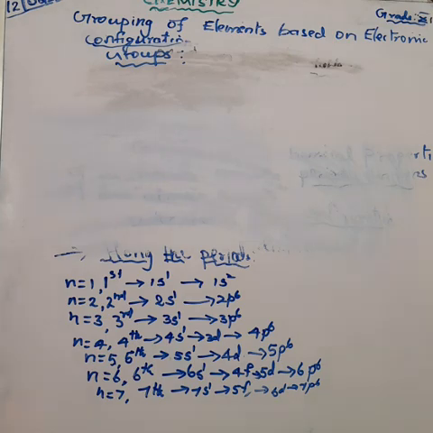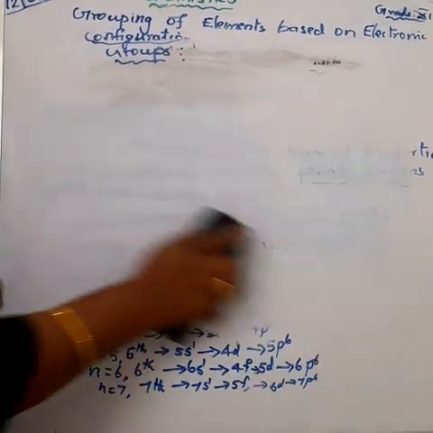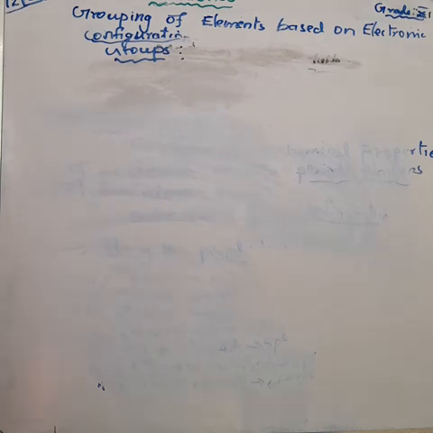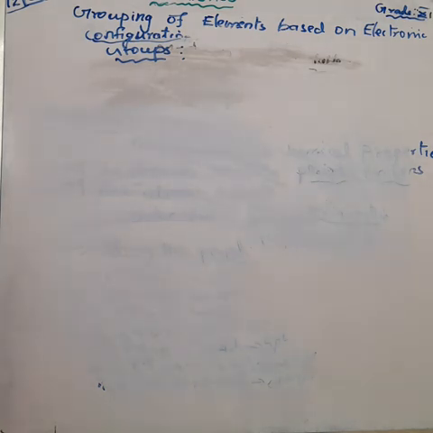You know there are 7 periods and 18 groups in the modern periodic table. We have clearly learned about the 7 periods. Now we are going to study the 18 groups.